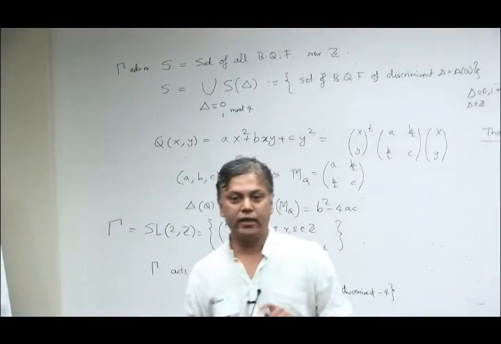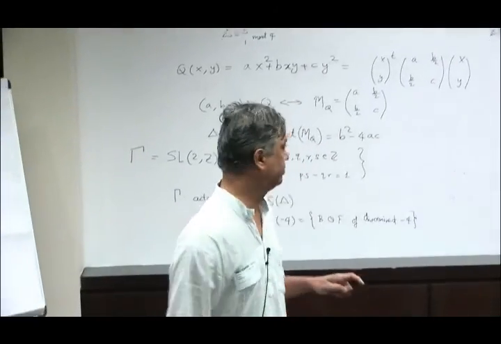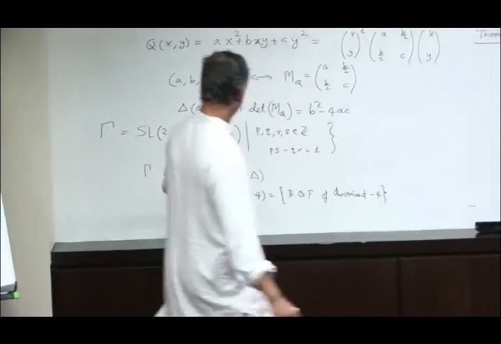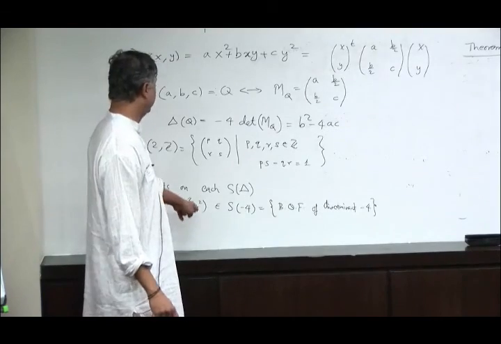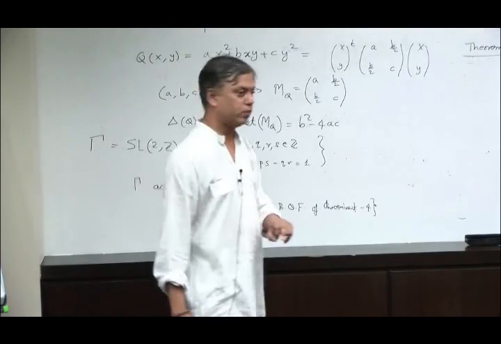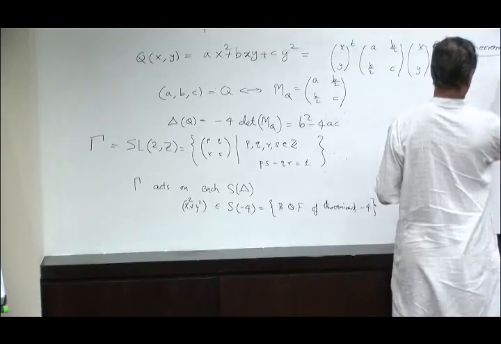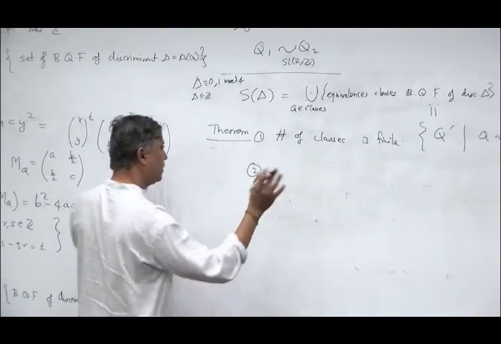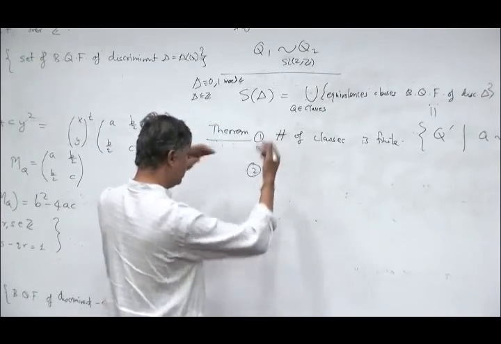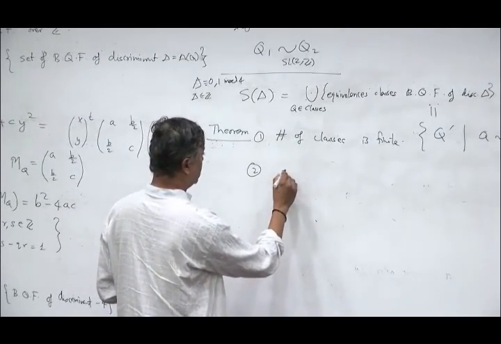So when he's saying take any delta, take delta equal to minus 4, there are only finitely many equivalence classes of quadratic forms of discriminant minus 4. In fact, I'll state it as part of this theorem. It's not of the same difficulty obviously, but I'll just say it.